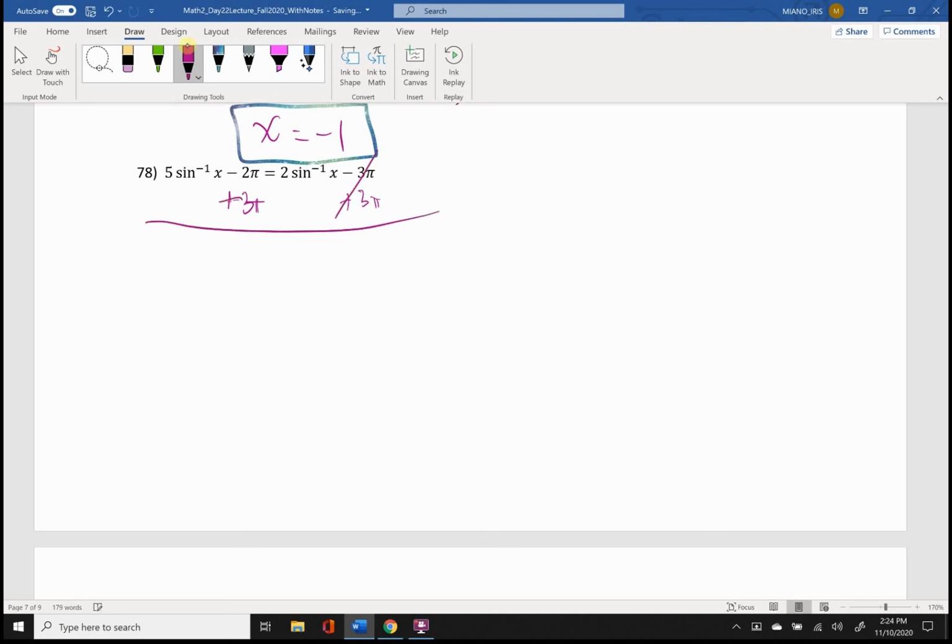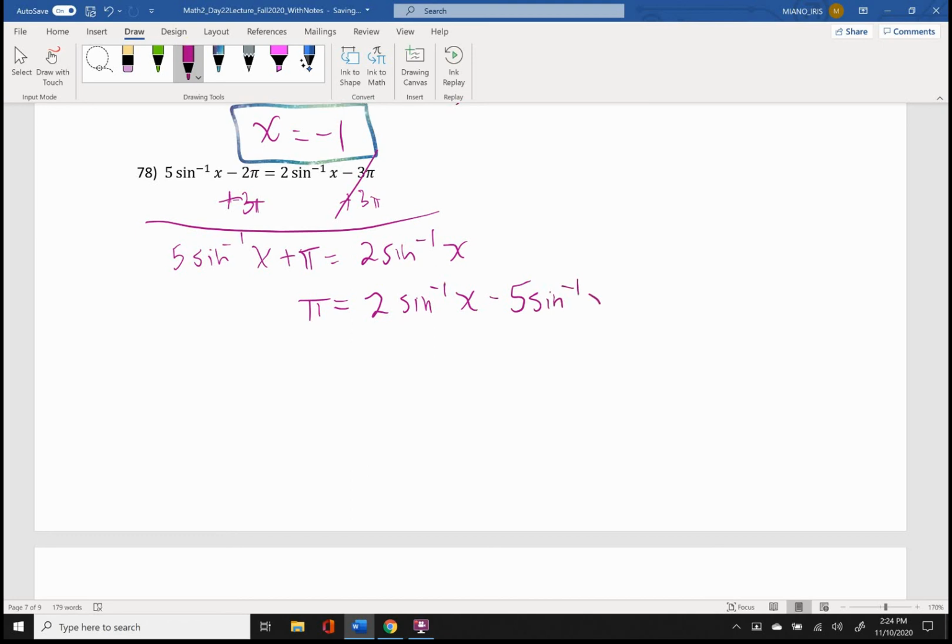We're going to not do too much all at once. We'll have 5 sine inverse of x plus pi equals 2 sine inverse of x. So now we'll subtract 5 sine inverse of x from both sides, and it'll be pi equals 2 sine inverse of x minus 5 sine inverse of x.